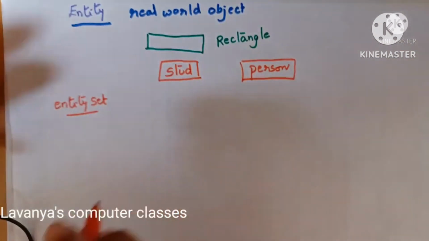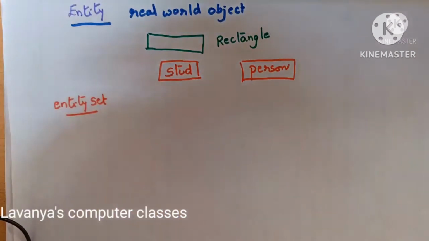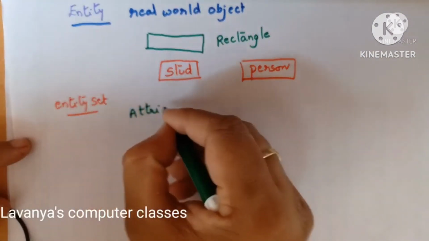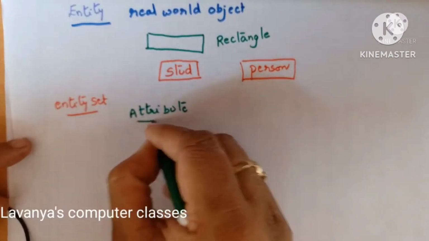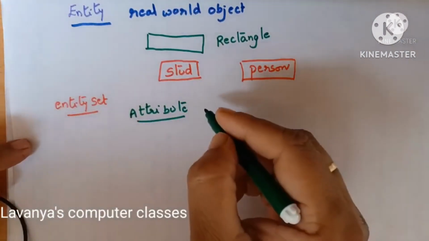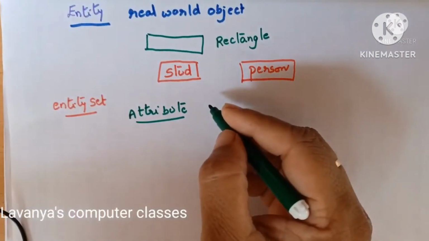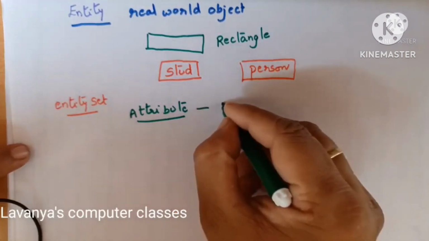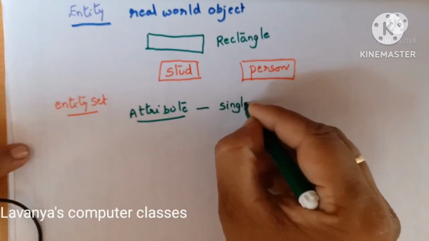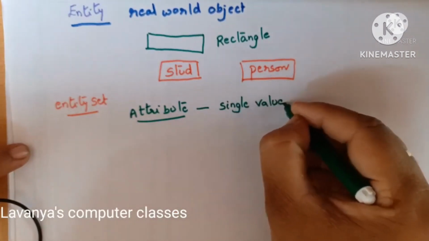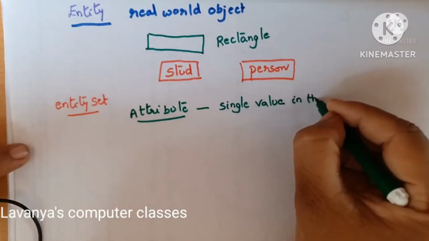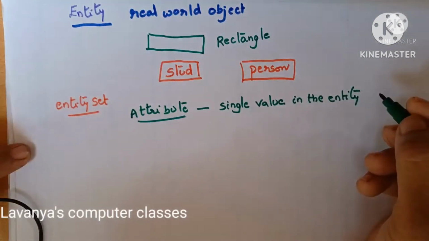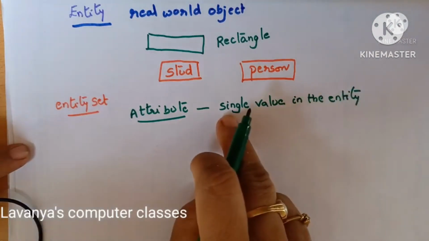Okay. Now we'll go for the next component, attribute. What is attribute? A single value in the entity is known as attribute. Unique value, individual value is known as attribute.